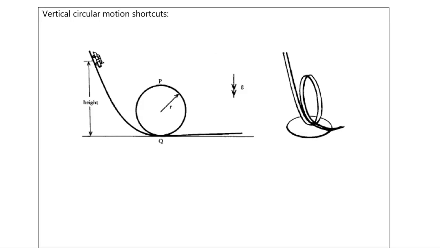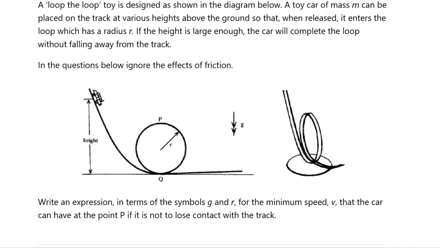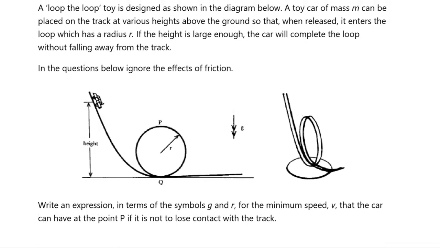What's really important to remember with these questions, regardless of what kind of situation you're looking at, is A, draw a diagram of the forces, B, write an expression for the net force. Net force will be equal to mv squared over r. And C, if there's any velocities that you don't know, apply an energy approach to be able to find those.